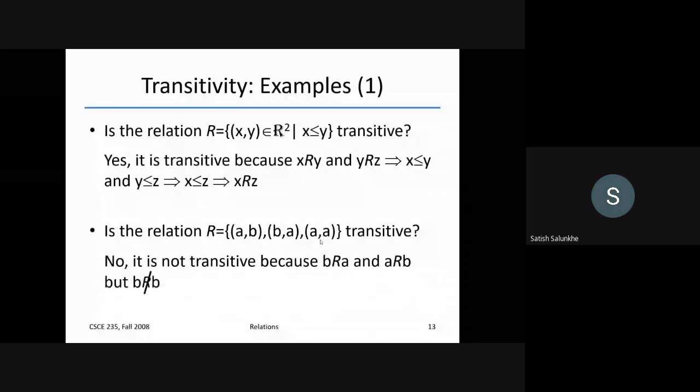No, it is not transitive, because A is related to B and B is related to A, but B is not related to B. So there is at least one counter example which proves it is not transitive.